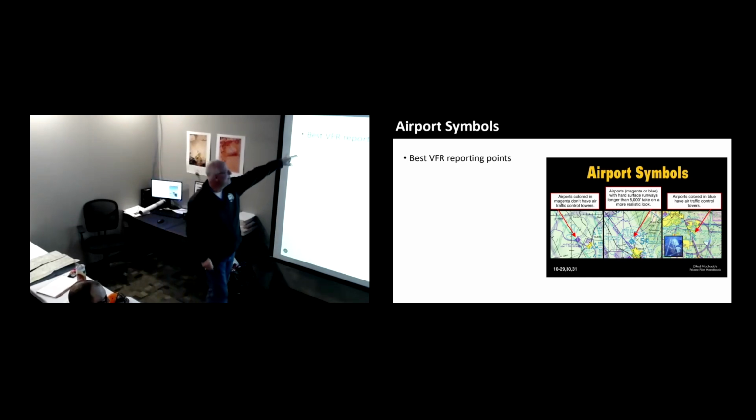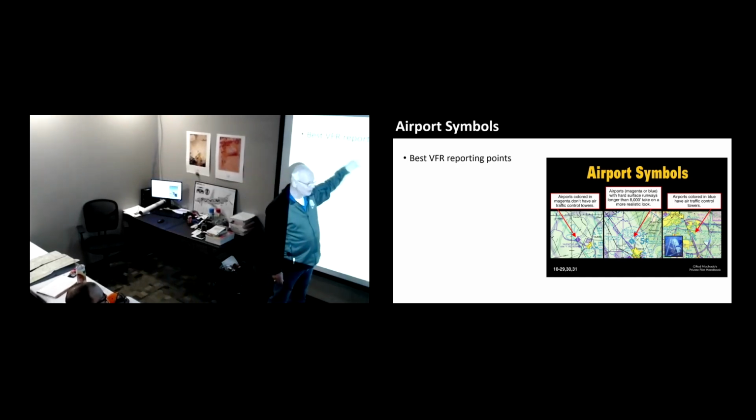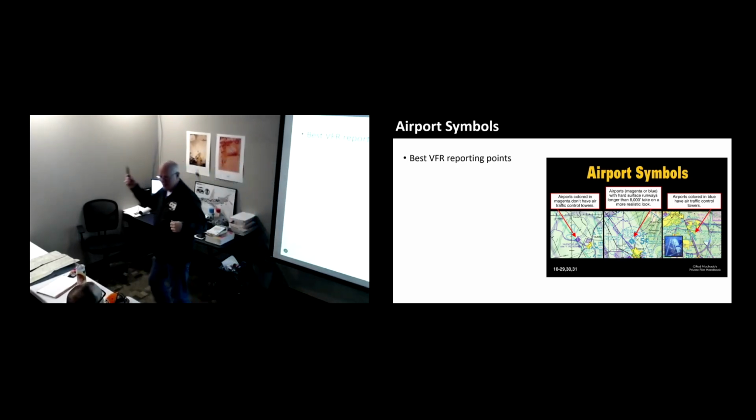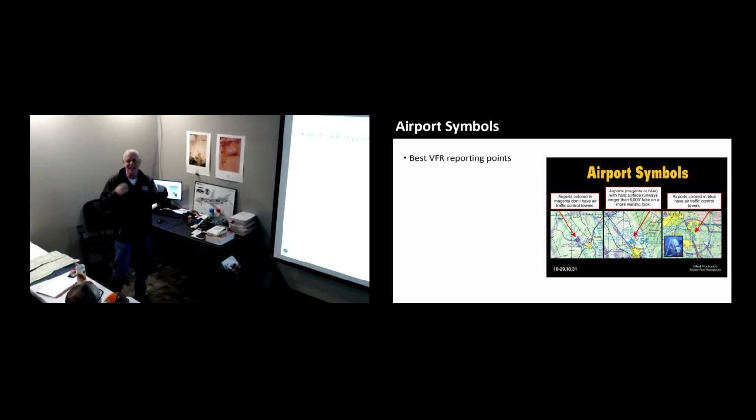So saying that every airport, just because it's on a chart, is a good VFR reporting point is not the case, right? The bigger the airport, absolutely. Philly, Wilmington, Baltimore, DC, they're going to be quite obvious.